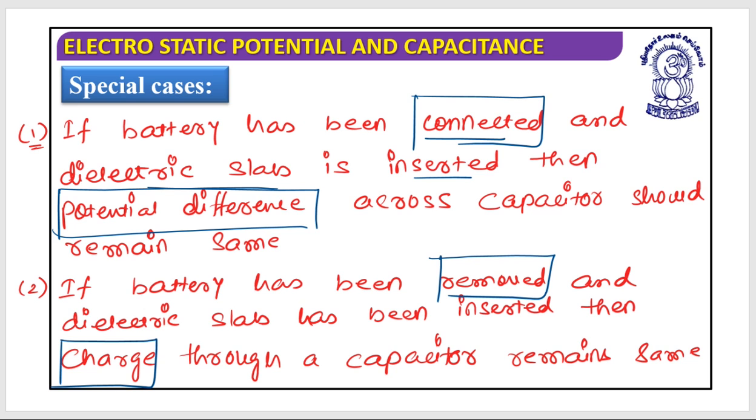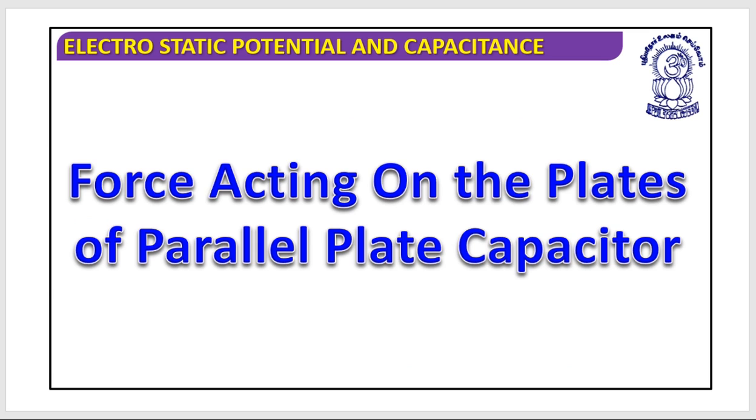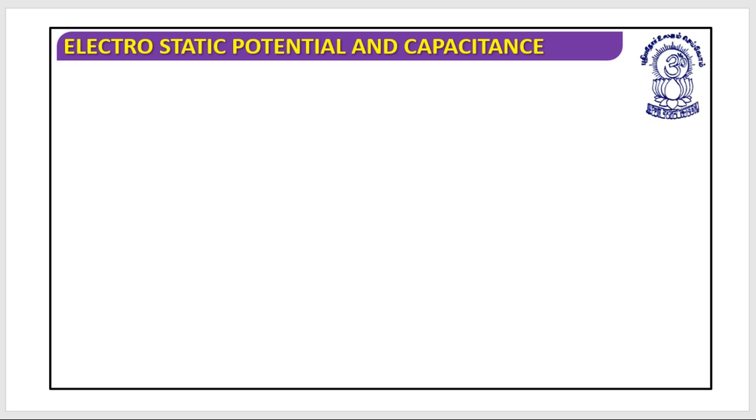Now let's look at the next concept: we are going to study the force acting on the plates of a parallel plate capacitor. We want to find out the amount of force that acts on the parallel plate capacitor. Suppose this is my PPC, a parallel plate capacitor.